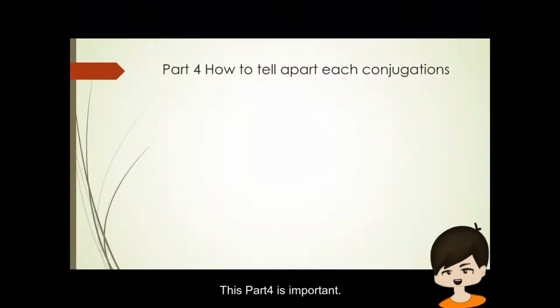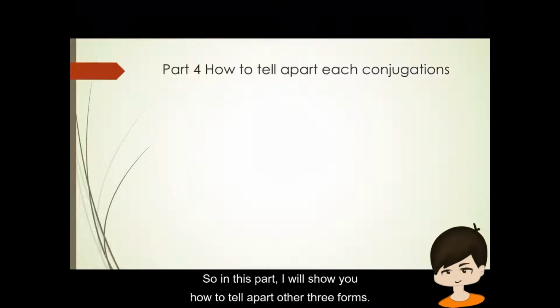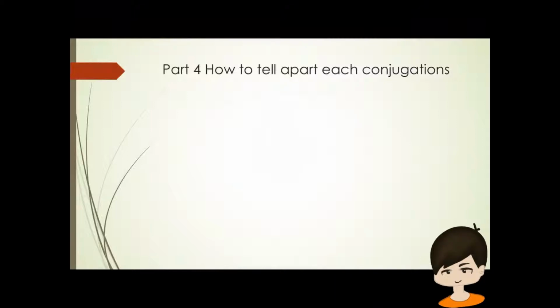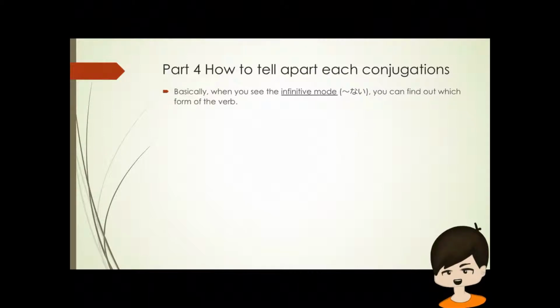This part 4 is important. How to tell apart each conjugation. You don't need to distinguish ka form and sa form because they have only a few verbs. So in this part, I will show you how to tell apart the other three forms. Basically, when you see the infinitive mode, ない, you can find out which form the word is.